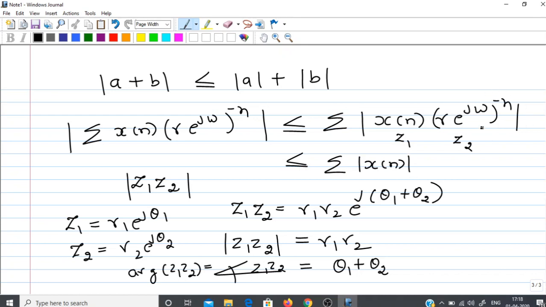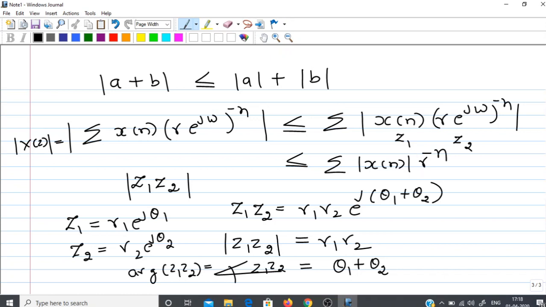And what will be the mod of this? The mod of r e to the power j omega is what? r. So you can write it as r to the power minus n. Now r being positive, mod of r is r, therefore it is r to the power minus n. So mod of X(z) is less than or equal to the summation of mod x[n] r to the power minus n.